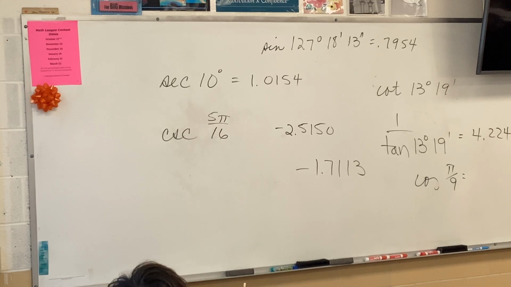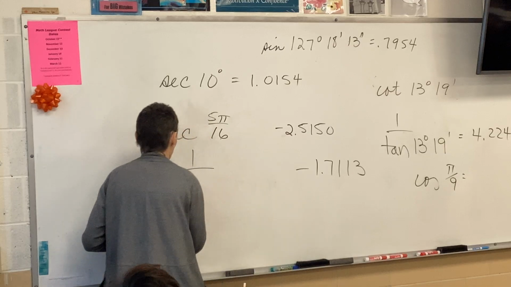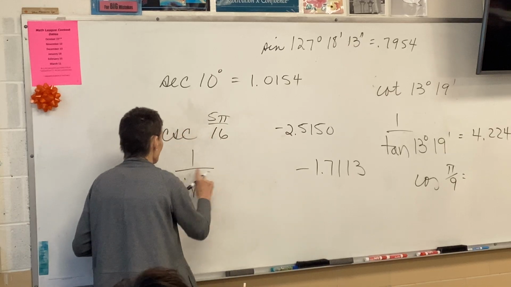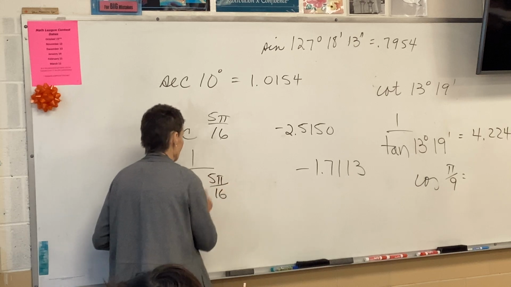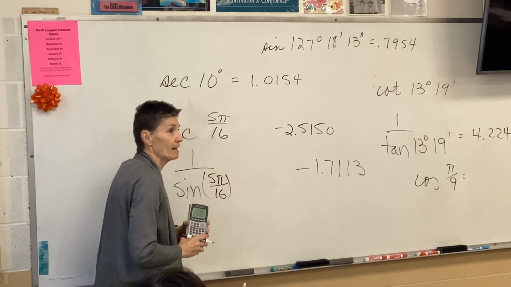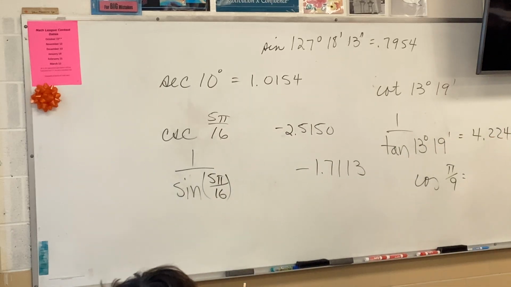Ceres says 1 divided by sine. So we are literally going to type 1 divided by sine 5 pi over 16, just like that. So 1 divided by sine 5 second pi divided by 16.